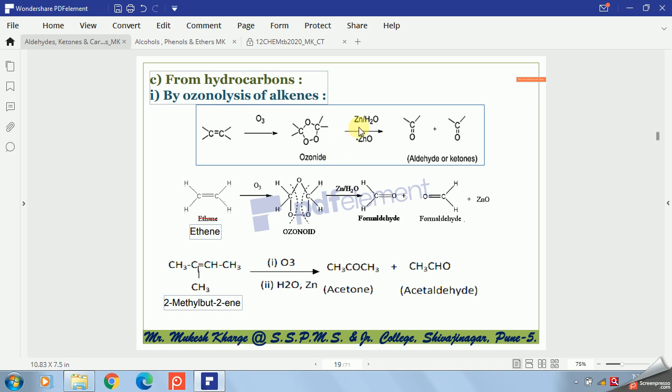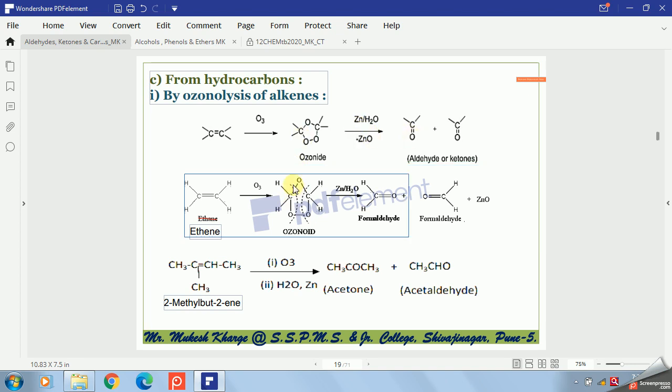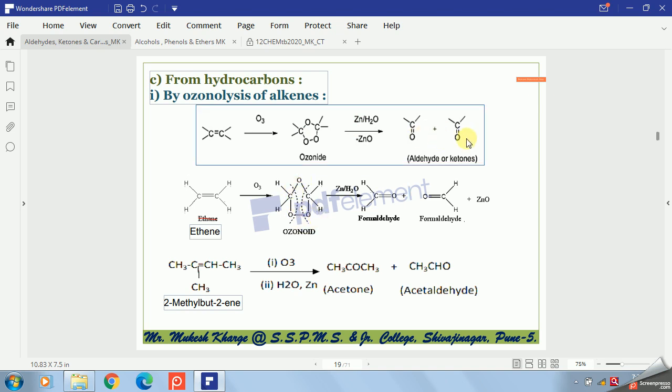Then this ozonide undergoes hydrolysis in presence of zinc, and then there is a breaking of this carbon-oxygen bond like this, and we get aldehyde or ketone. So your product formation totally depends on your alkene.